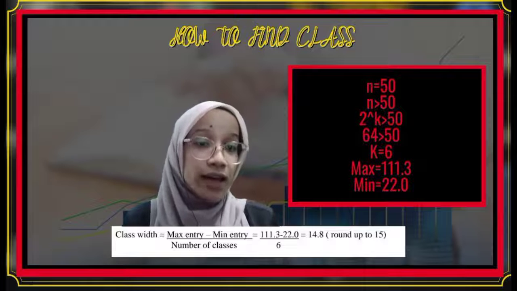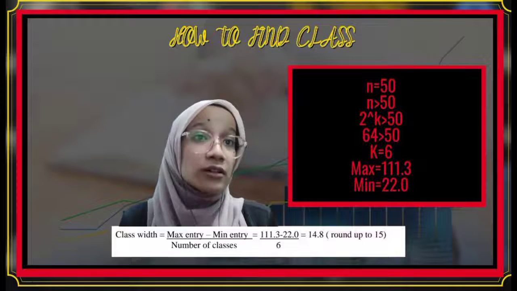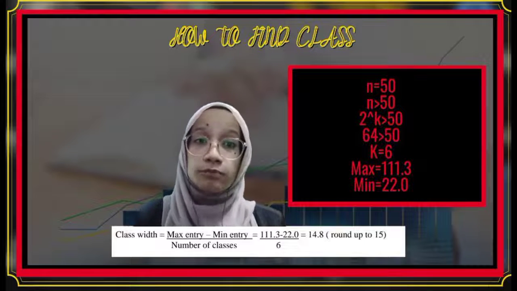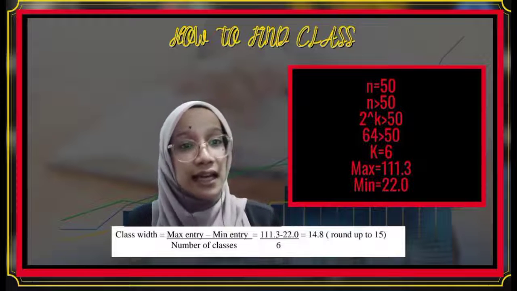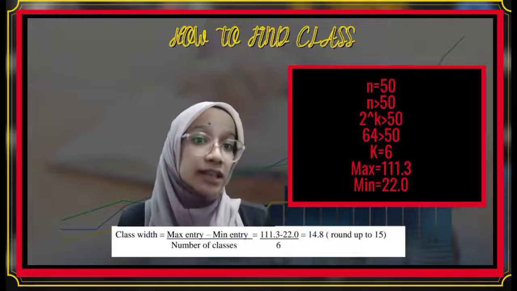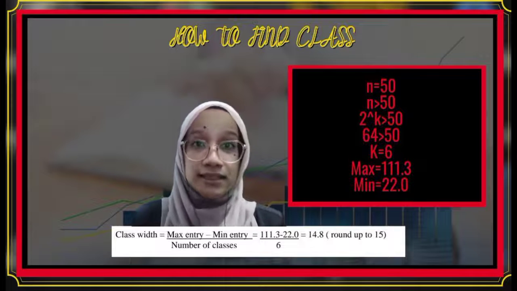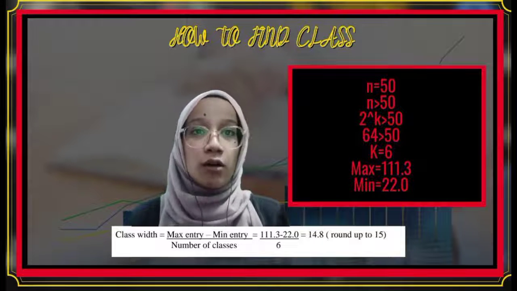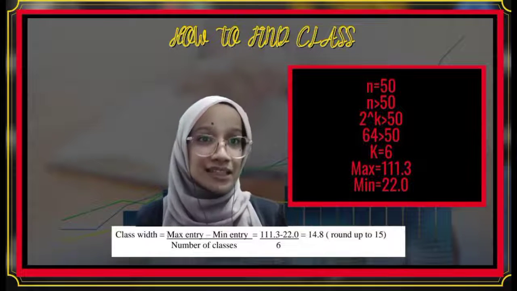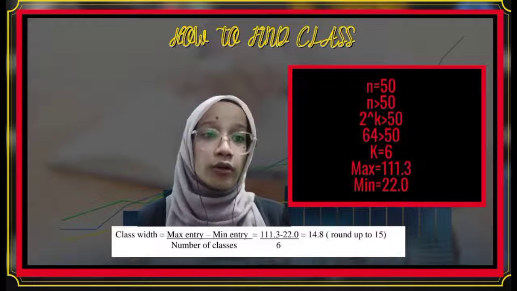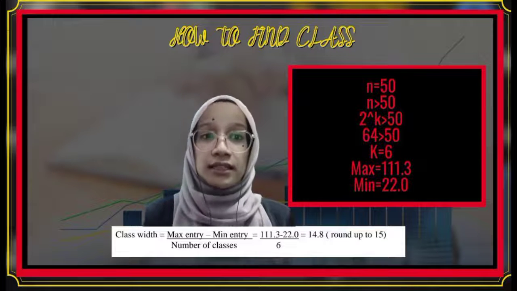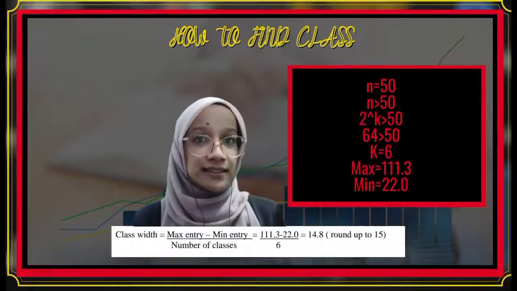So we subtract 111.3 by 22.0 and we got 89.3. From that, we divide 89.3 by 6. The result we got is 14.8, and we need to round to 15. So the class width is 15.